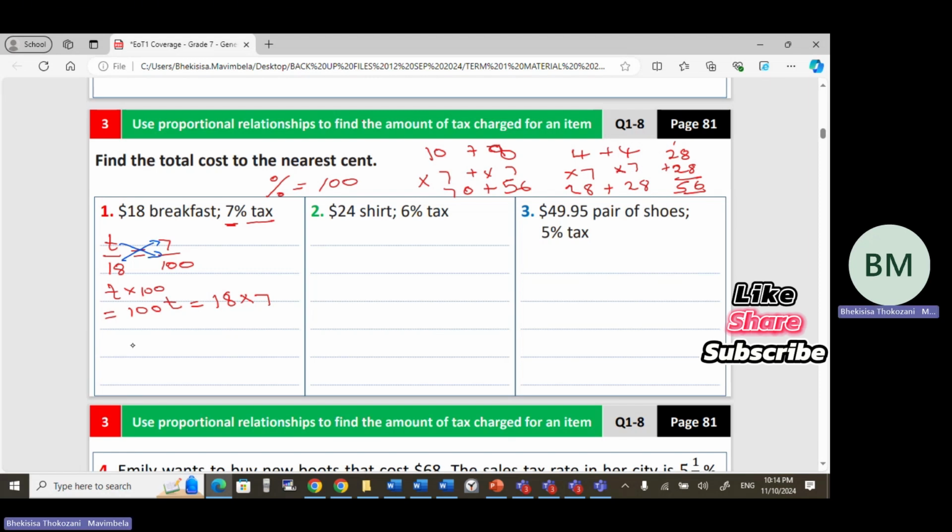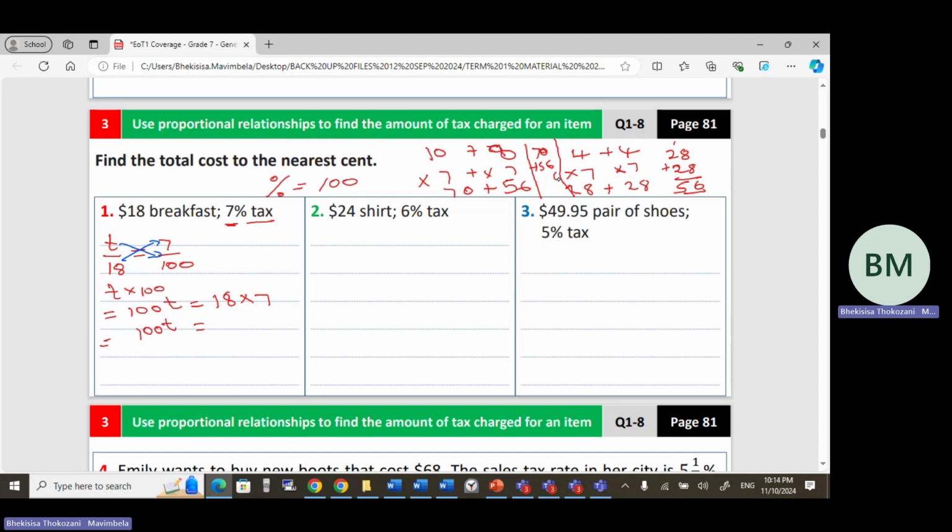Now we go back to our question here. So we have 100T equal to, now we need to add those two guys. I think I might run out of space here. Okay, we have 70 plus 56.